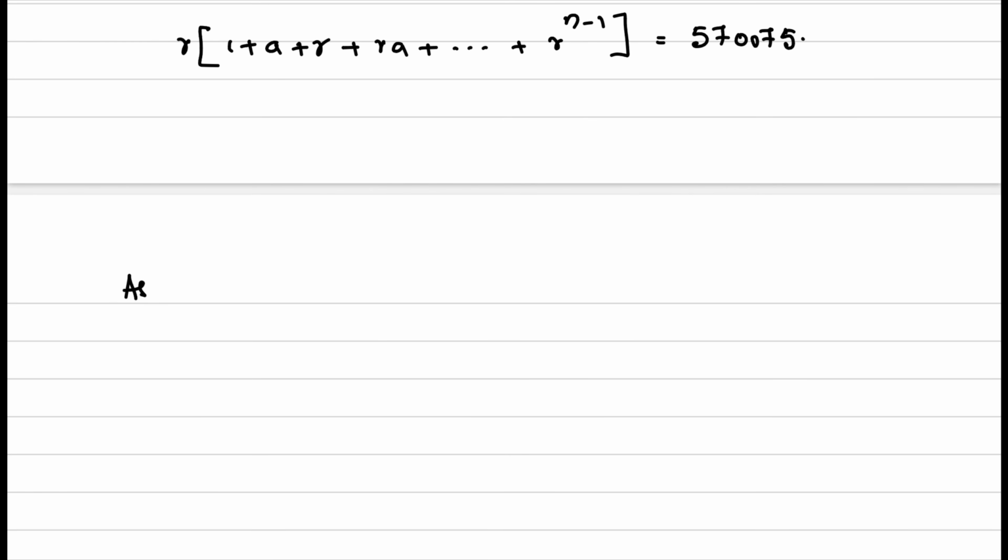As a, b and n are greater than 1, r will be greater than 1. That implies 570075 is divisible by r.